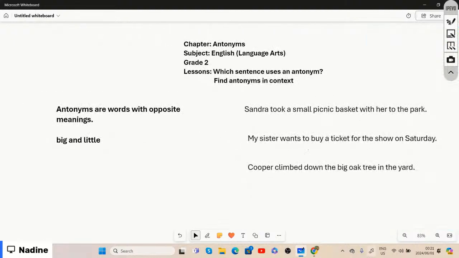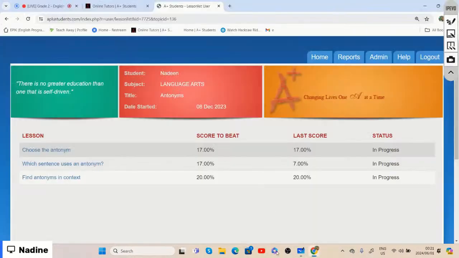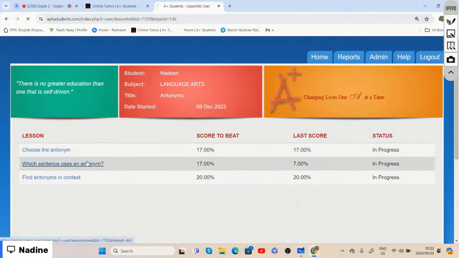All right, so now we're going to a plus students.ca. Our chapter is antonyms, and the first lesson is to say which sentence uses an antonym.